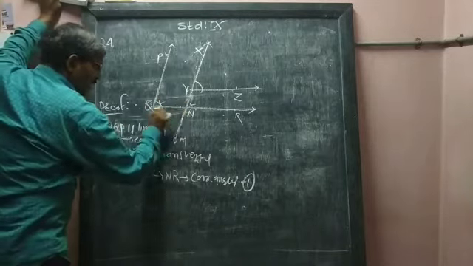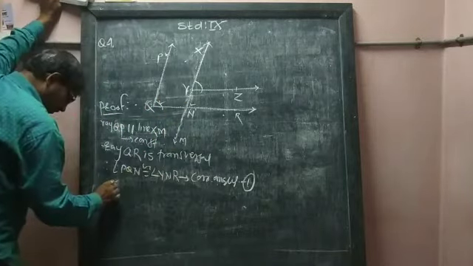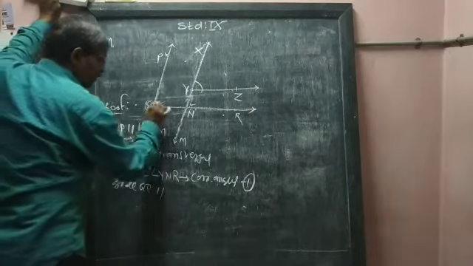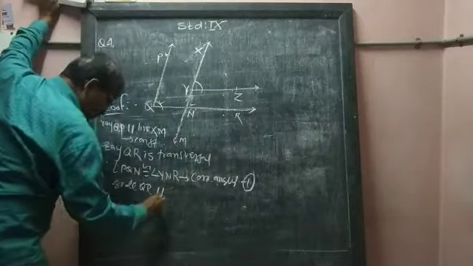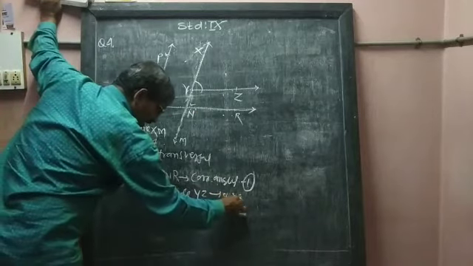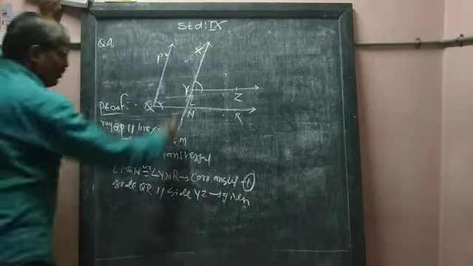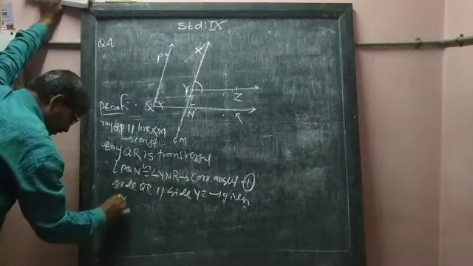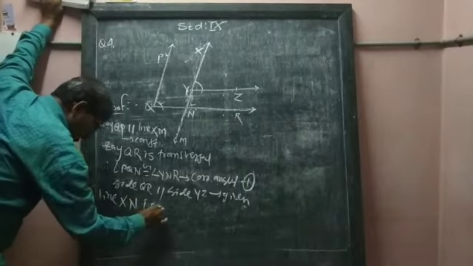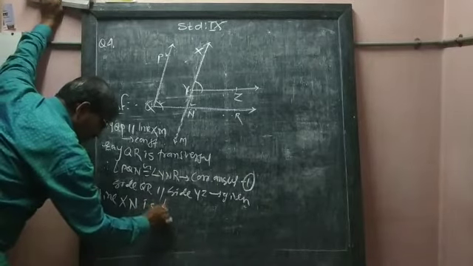Now side QR is parallel to side YZ. What will you write here? It is given. And line XN is the transversal.